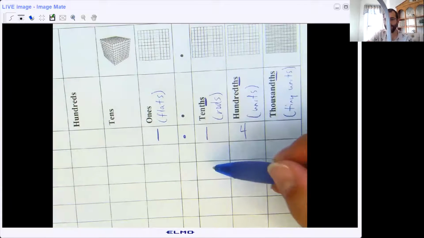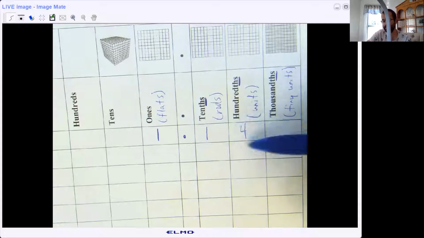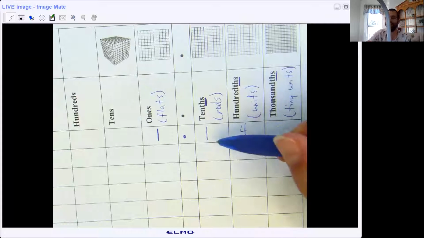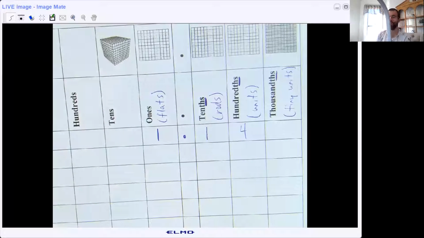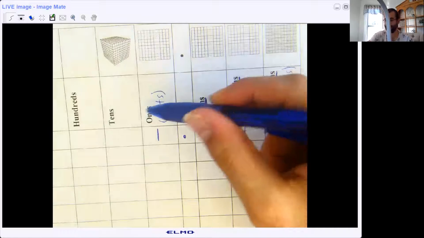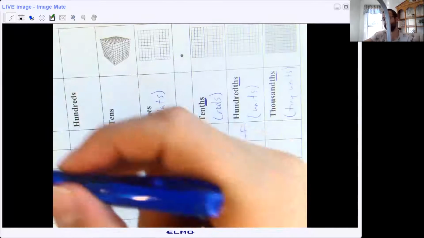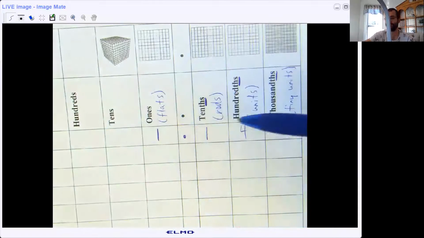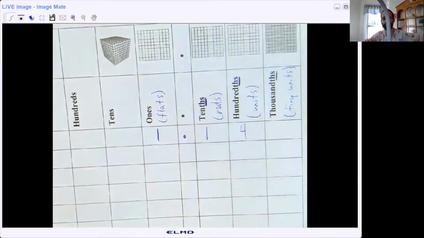Same thing here. If I've got more than can go in a box, I have to convert it. And remember, everything goes up and down by tens. So it's 10 times bigger each time I go up, or it's divided by 10, smaller, each time I go down.